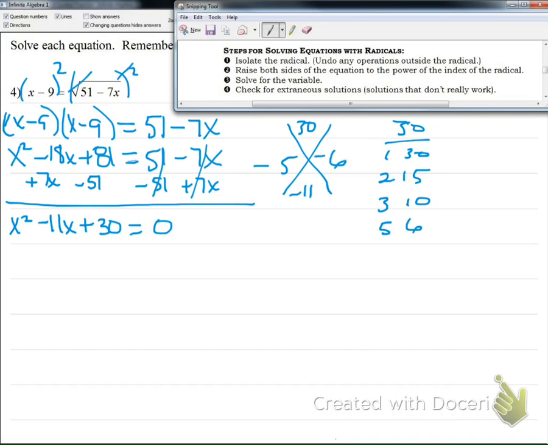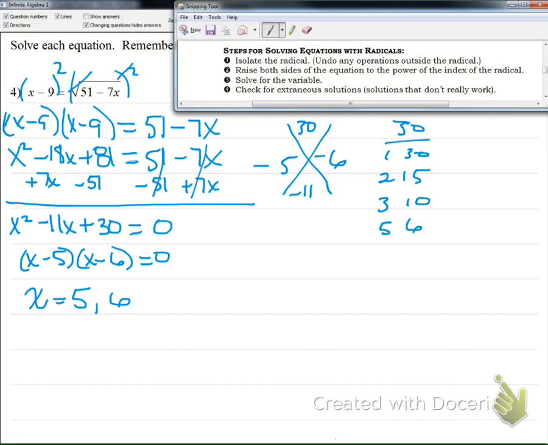So you have negative 5 and negative 6. Let's write the equation in factored form then. x minus 5 times x minus 6 is equal to 0. Our solutions then are the opposite of each factor, so x is equal to positive 5 and positive 6.